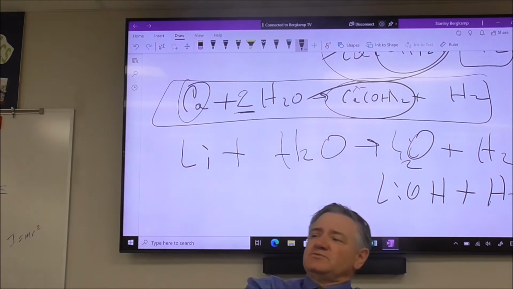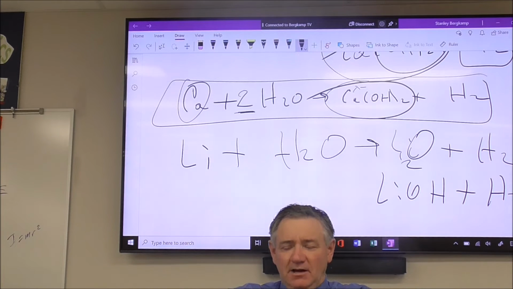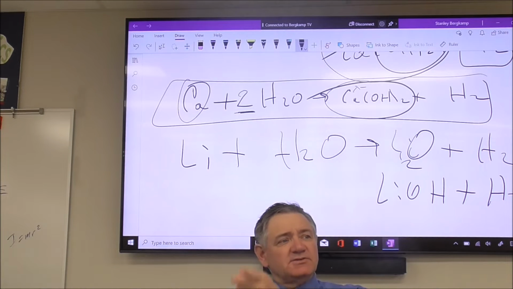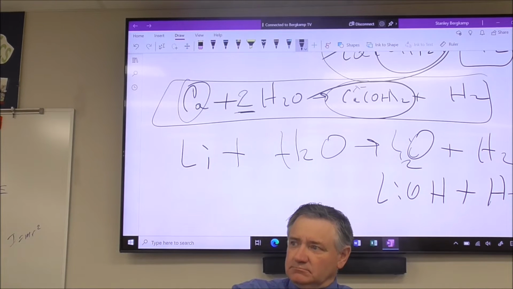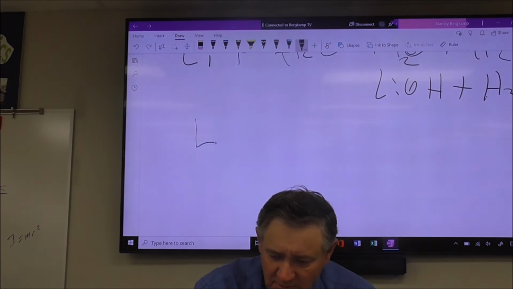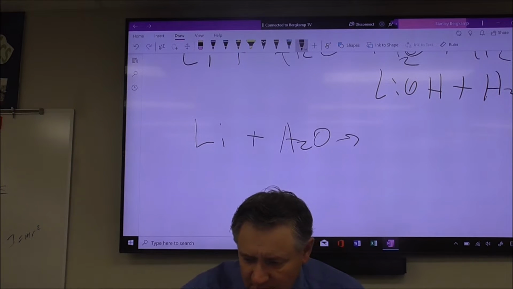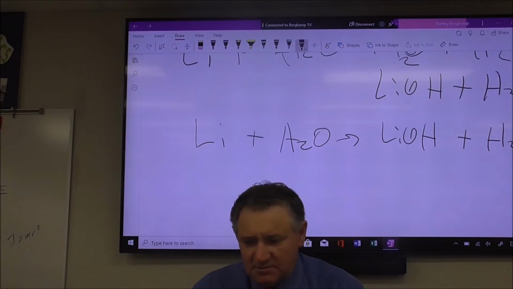So, which one did we get? Hydroxide? Yeah, we got hydroxide because it turned magenta. Okay? Now, this one. So I have Li plus H2O is going to give lithium hydroxide and hydrogen gas, right?